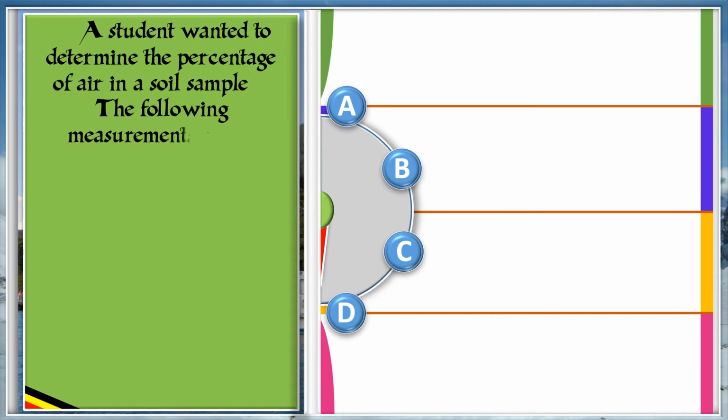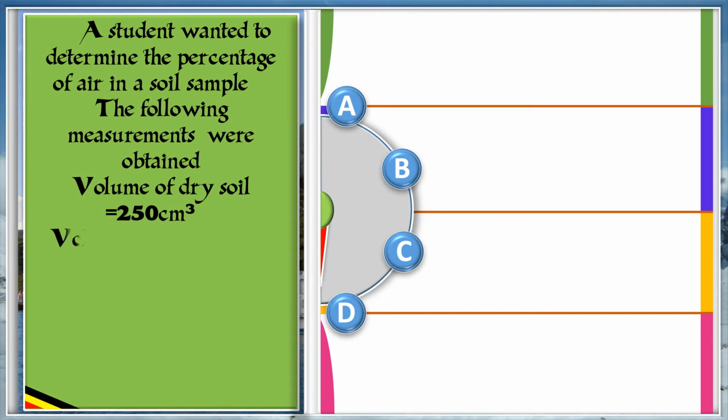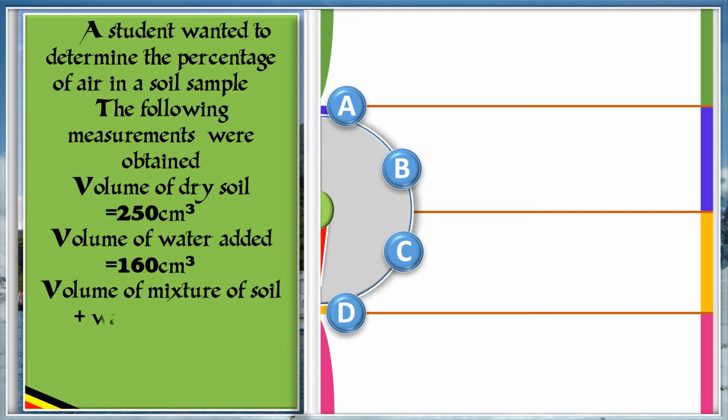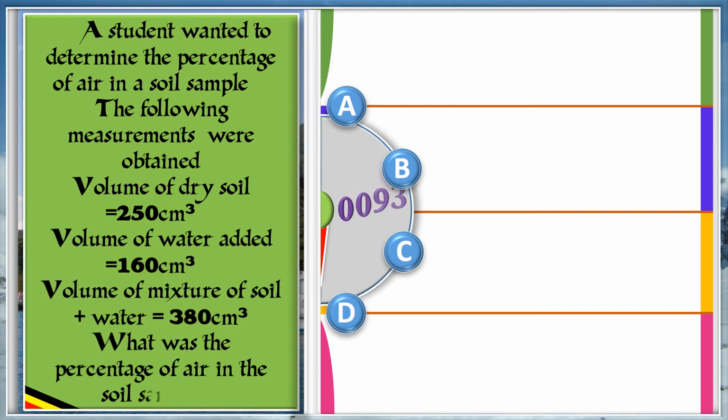A student wanted to determine the percentage of air in a soil sample. The following measurements were obtained. Volume of dry soil equals 250 cubic centimeters. The volume of water added equals 160 cubic centimeters. The volume of the mixture of soil and water equals 380 cubic centimeters.